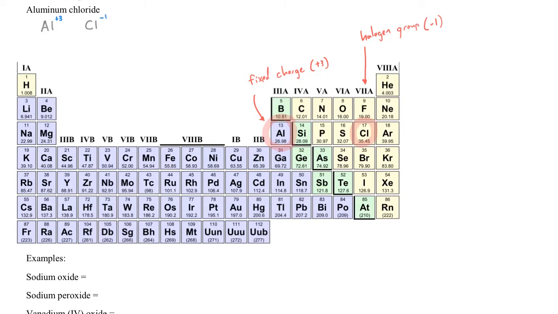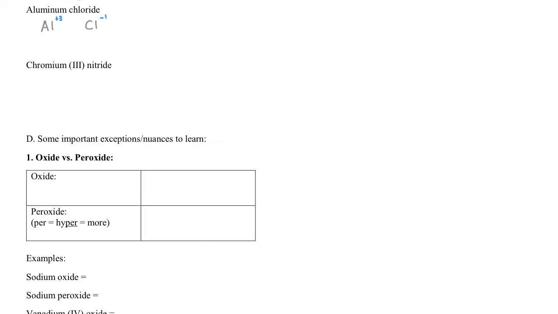So if we have a -1 anion and a +3 cation, how are we going to balance this out? That's right, we need more negatively charged anions to balance the +3 out. How many more? Well, we need a total of 3 negative charges to balance out the 3 positive charges. That means we need a total of 3 chlorine atoms. So our formula for this would be AlCl subscript 3.